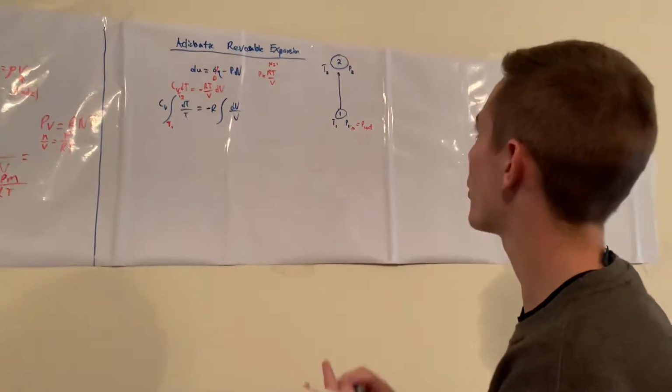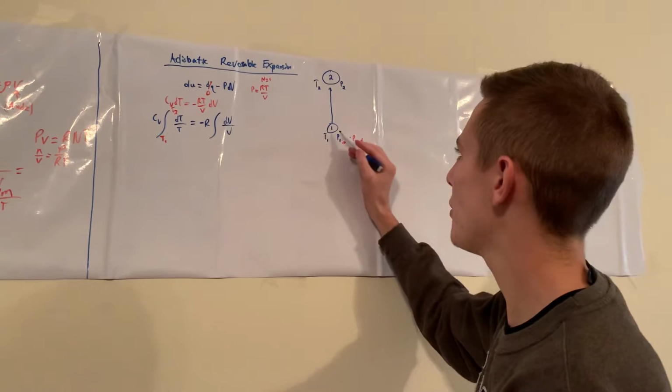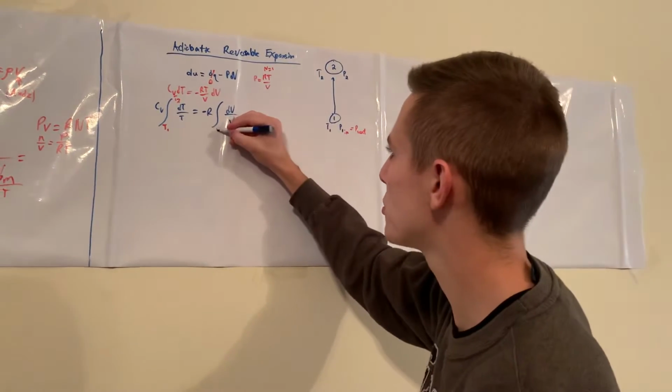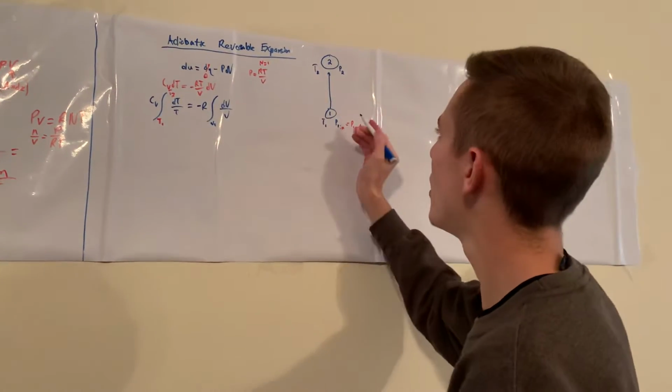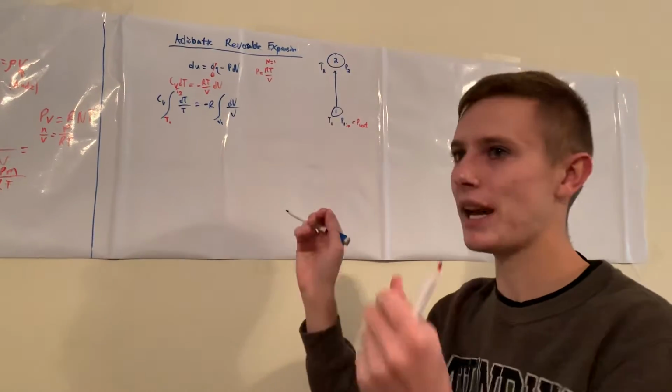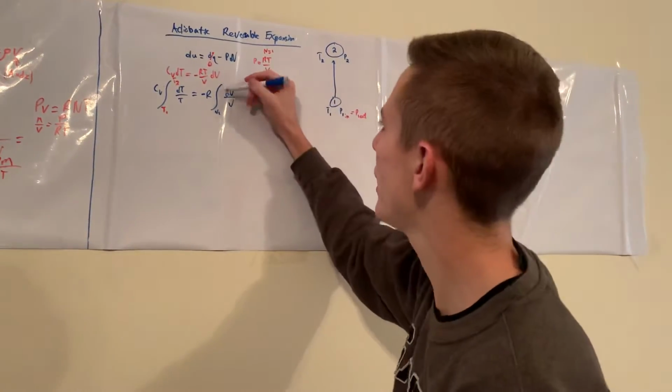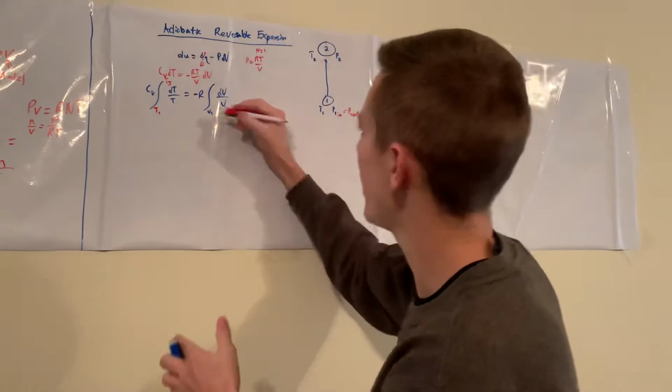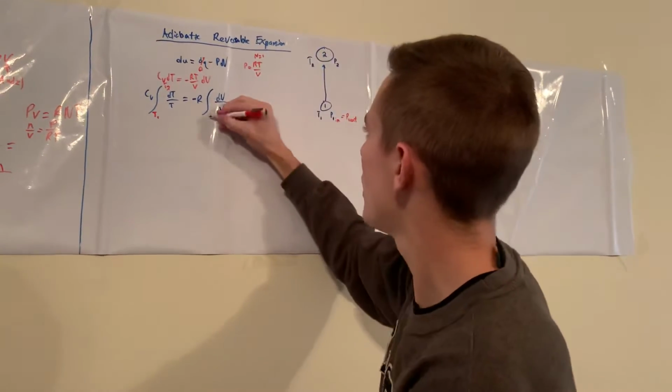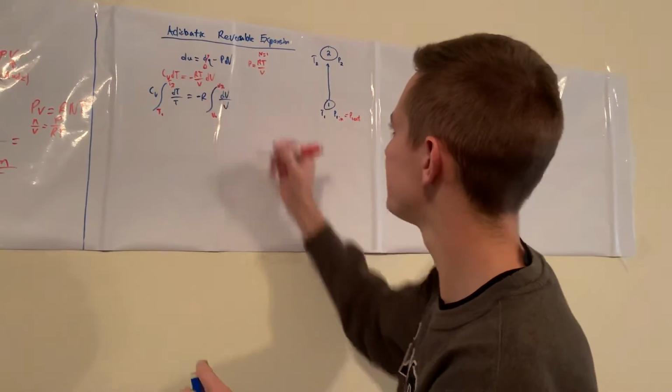Same thing for our volume. At position 1, it's at a certain volume, volume 1, our pocket of air. And at position 2, the volume is expanded, so there's more volume. It's at volume 1 and volume 2.